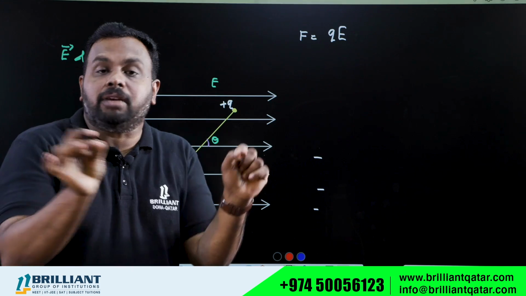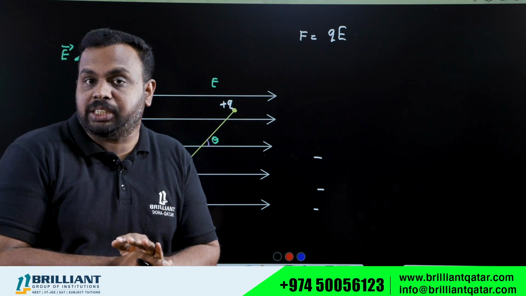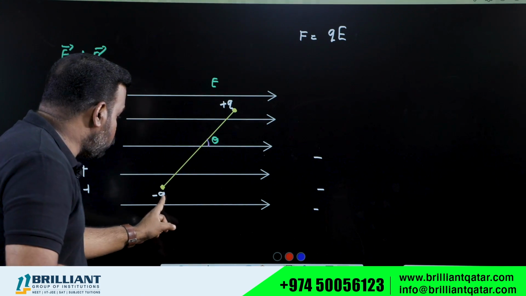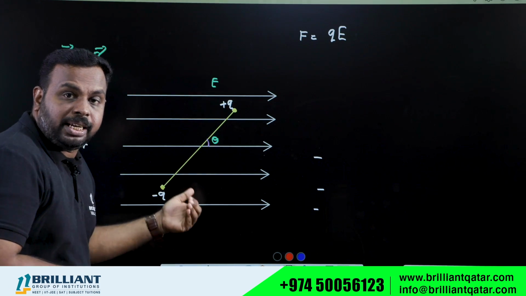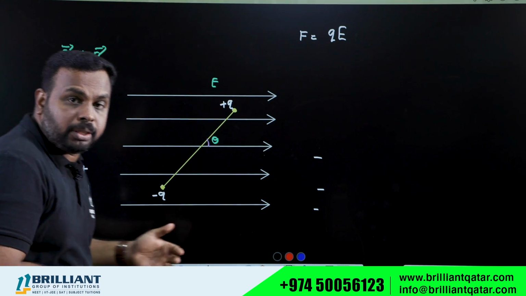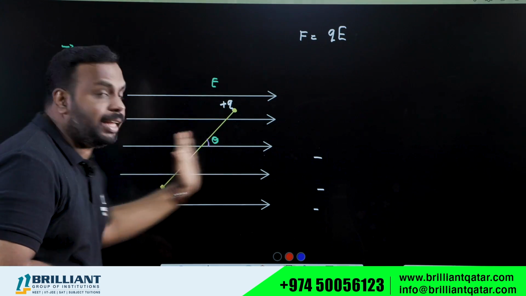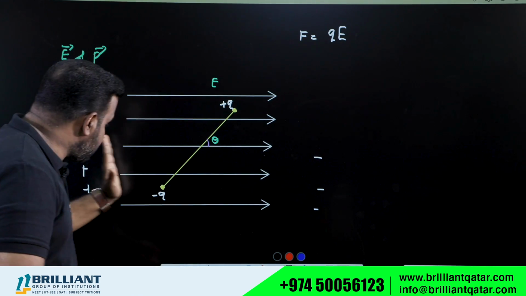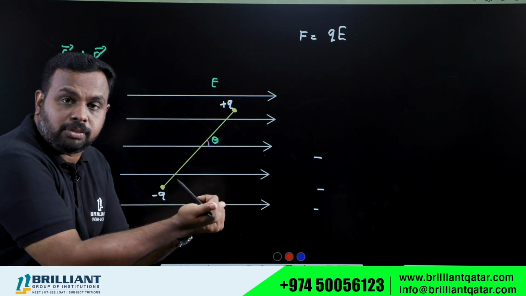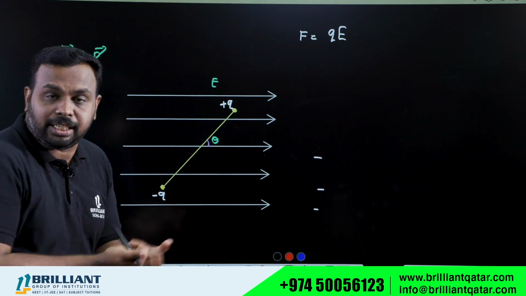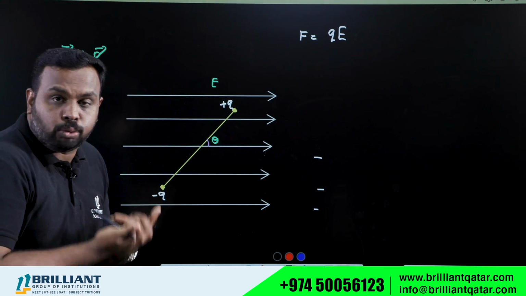Now, apart from the magnitude, you should have an idea about its direction also. For that only, I told you, keep in your mind that this electric field is directed from positive to negative. So you can see on the left side there is a positive charge and this is a negative charge. So the negative charge will be attracted towards the positive charge, right? Minus and plus, force will be attraction.